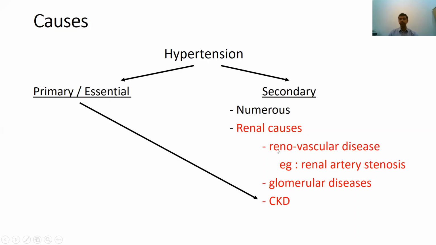And under that, you have renovascular disease like renal artery stenosis. You can have glomerular diseases like we have discussed already, the nephritic syndrome, conditions like that, which can cause hypertension. And you can have chronic kidney disease, which will also give rise to hypertension. So it can happen both ways.